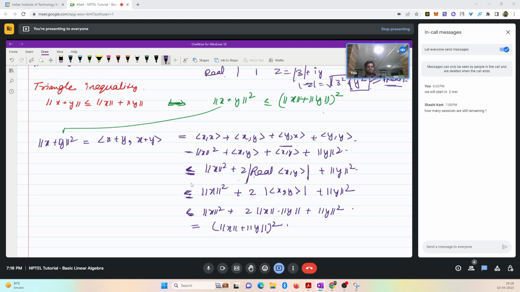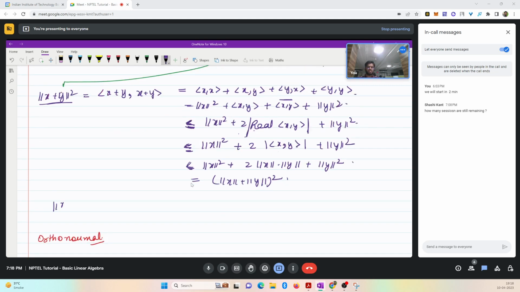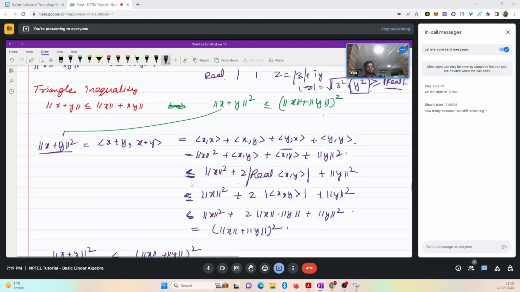And this is what we wanted to show, that norm of x plus y squared is less than or equal to norm of x plus norm of y whole squared. This is referred to as the triangle inequality, and metric spaces also inherit this from the norm space.